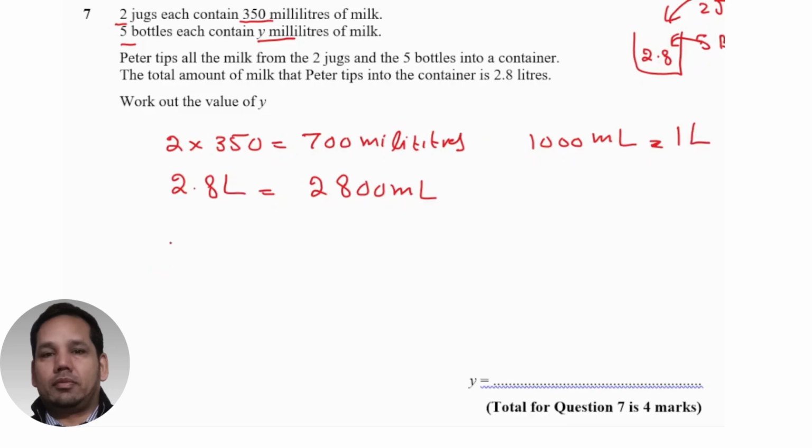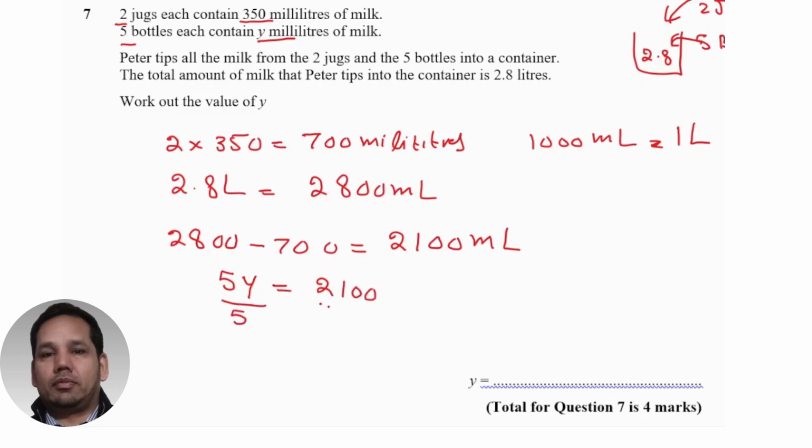Okay, so if you do 2800 minus 700, how many milliliters are we left with? 2100 milliliters. So 5 bottles and each bottle is Y milliliters is equal to 2100, and if we divide both sides by 5, we will get the Y value.